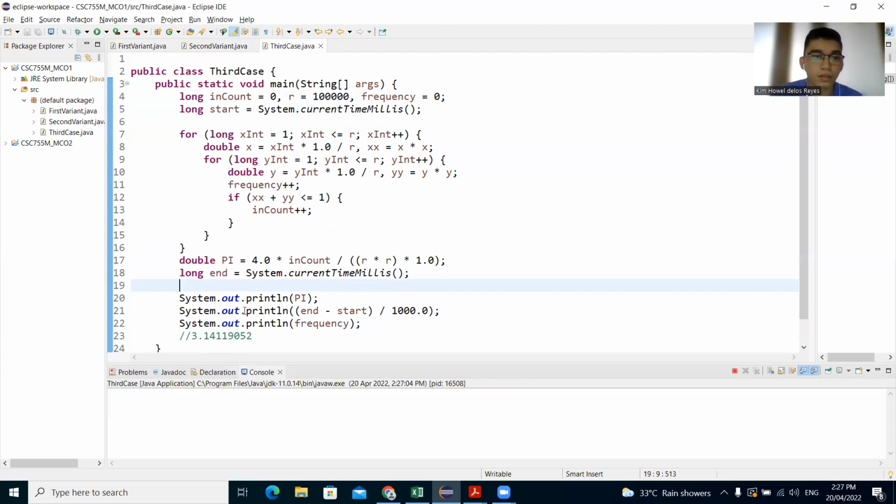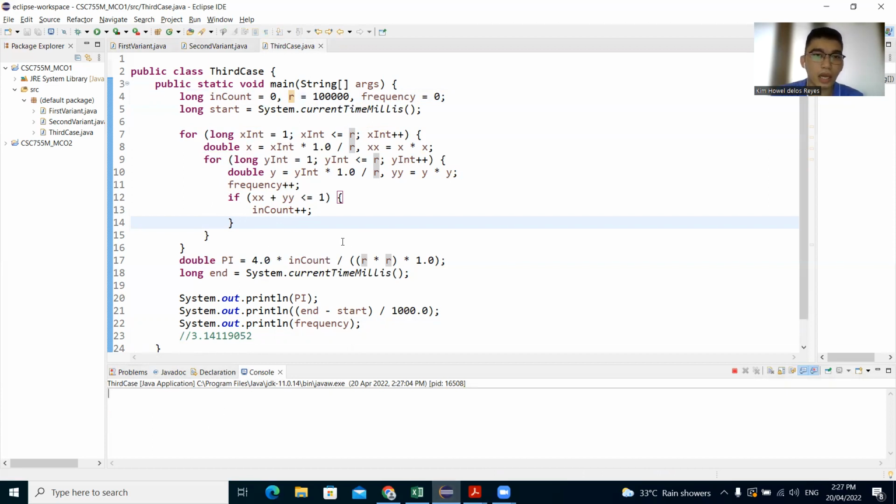It will probably run longer compared to the smaller values of r, since we're expecting the frequency count to be 10 billion. The value for pi is 3.14119052 for the 10,000 input size. We'll probably show the value here after a few minutes.